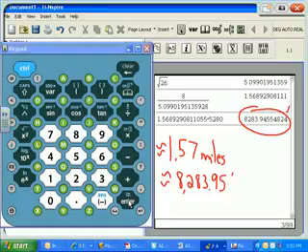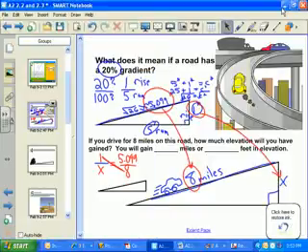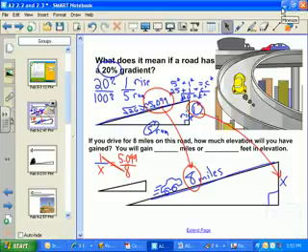So we gain a lot of elevation if we drive for 8 miles at a 20% grade. So you could have filled in the blanks there.